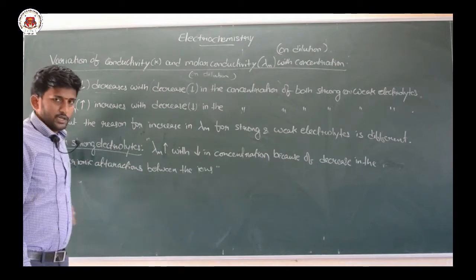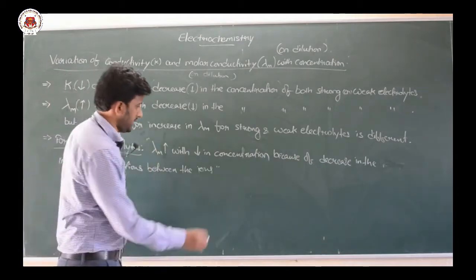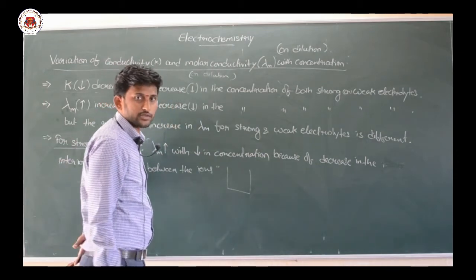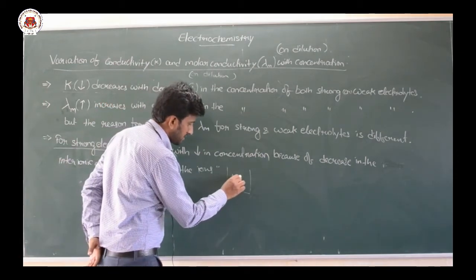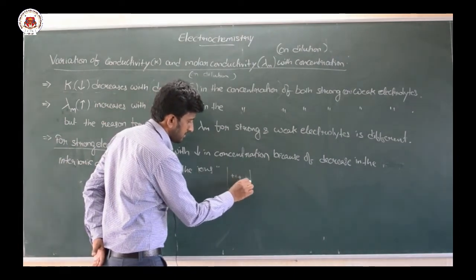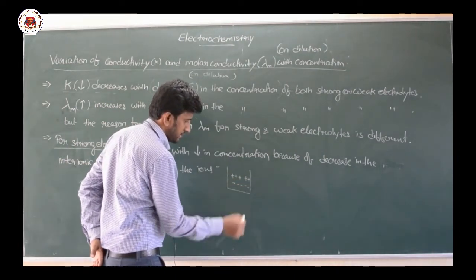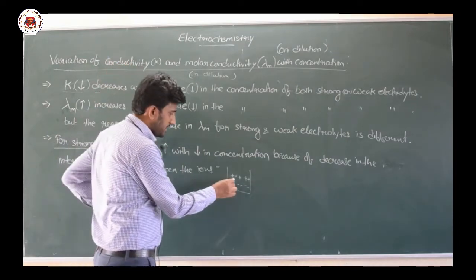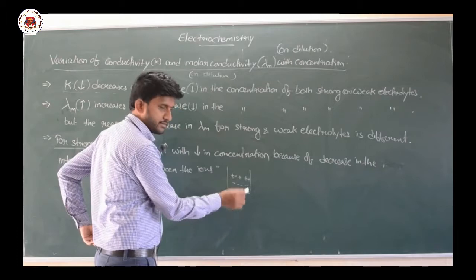Look, if the solution is concentrated, let us assume now there are 10 ions in the solution, 5 positive ions and let us assume 5 negative ions are there. Okay? There is some attraction between the ions in this.